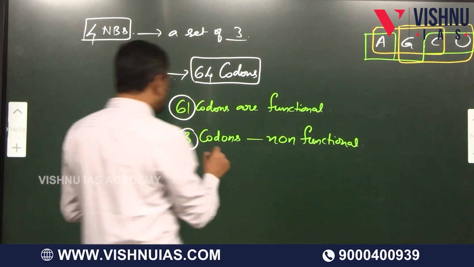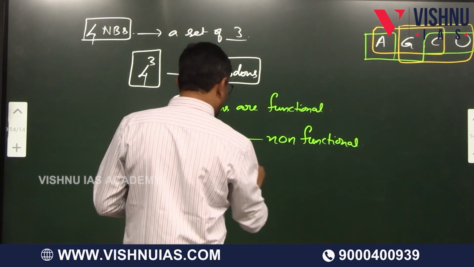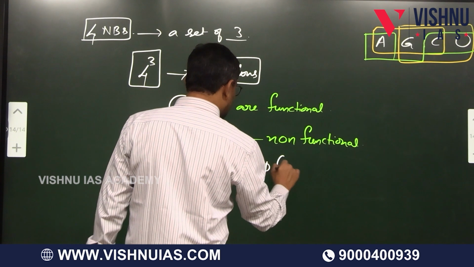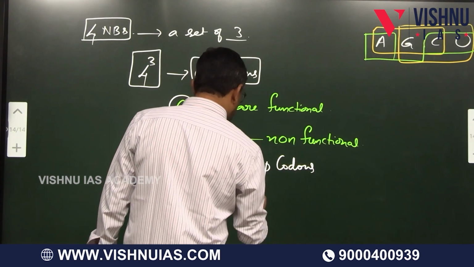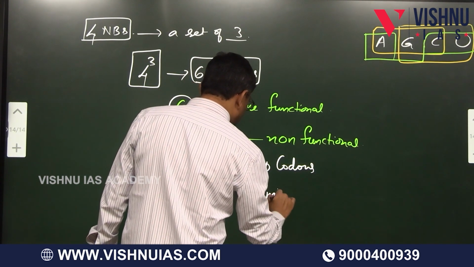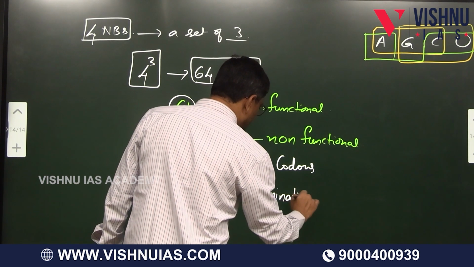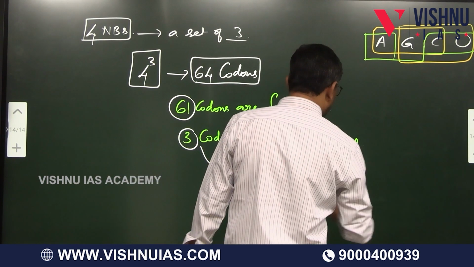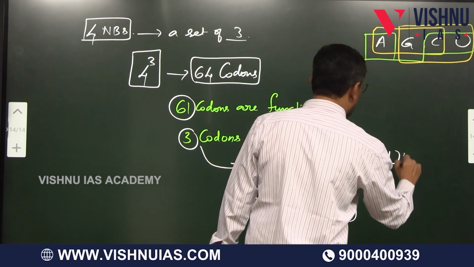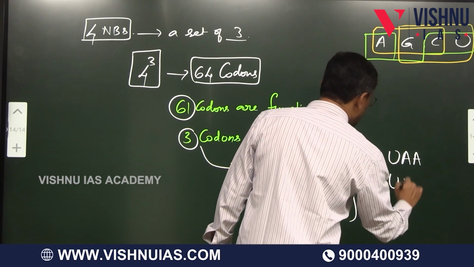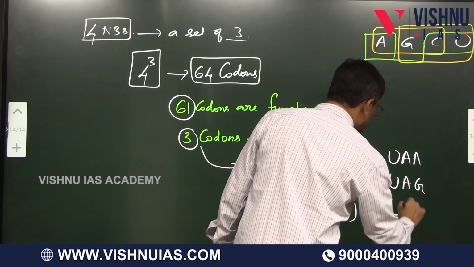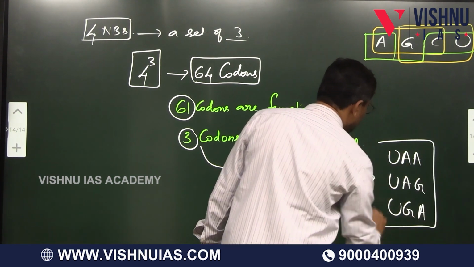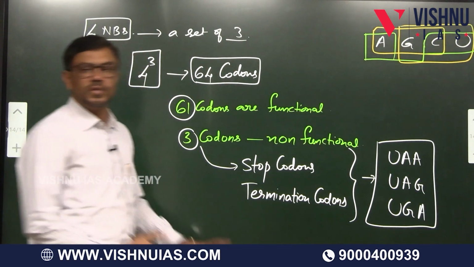These 3 codons are called non-functional codons, stop codons, or termination codons. Just learn this by heart. These non-functional stop codons, termination codons are UAA, UAG and UGA. Just learn this by heart, that much is enough. Got it?